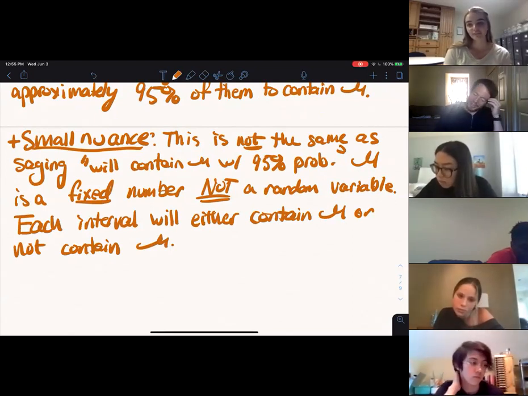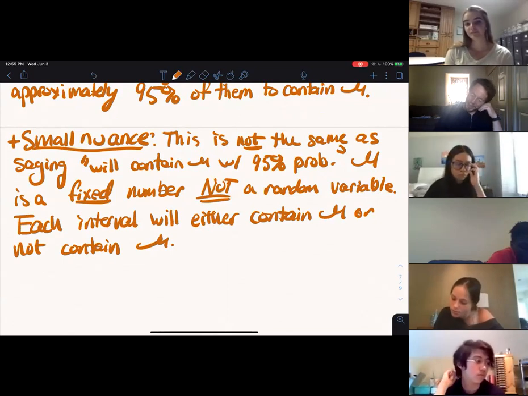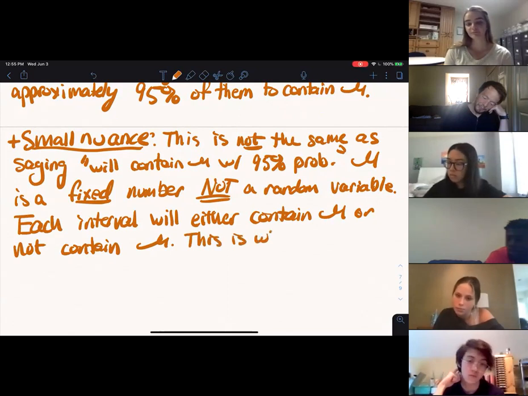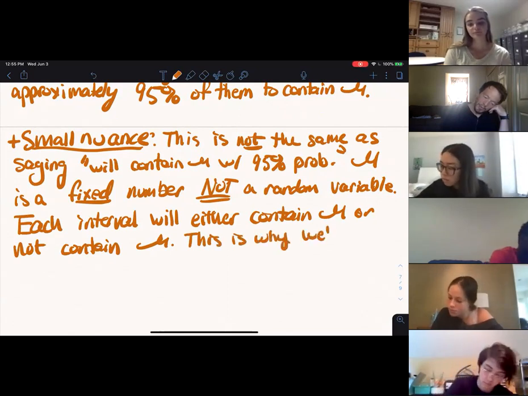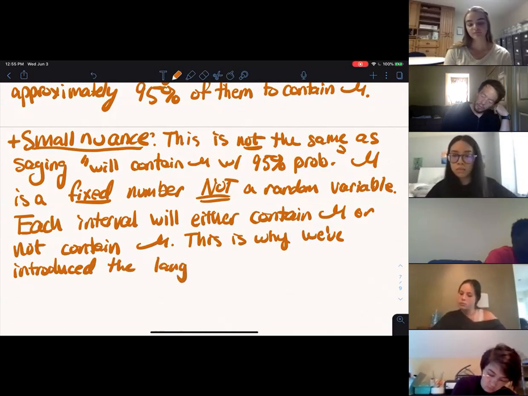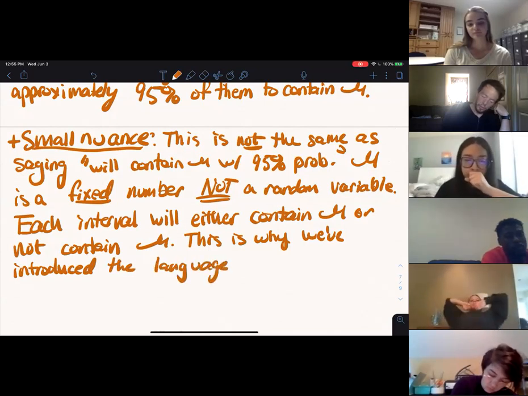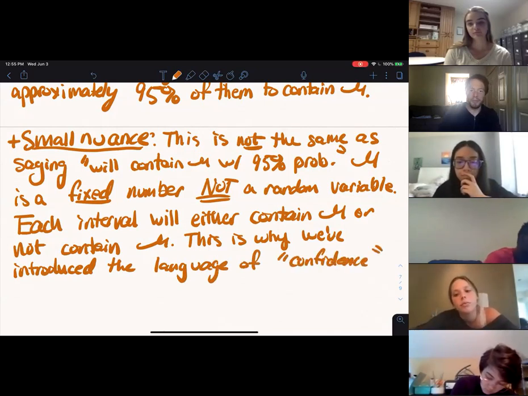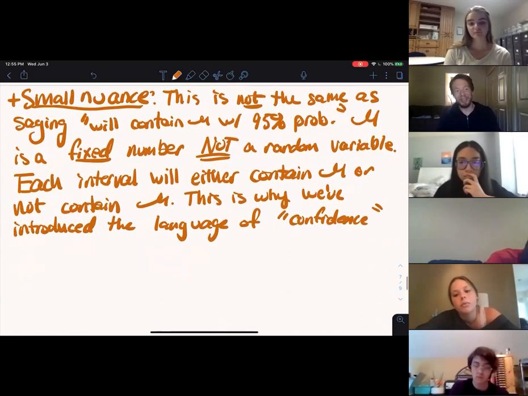And the whole point of this is to use the word confidence. So this is why we've introduced the language of confidence, specifically because we're trying to sidestep this issue. We can't say probability, so we set a new word that we can say.